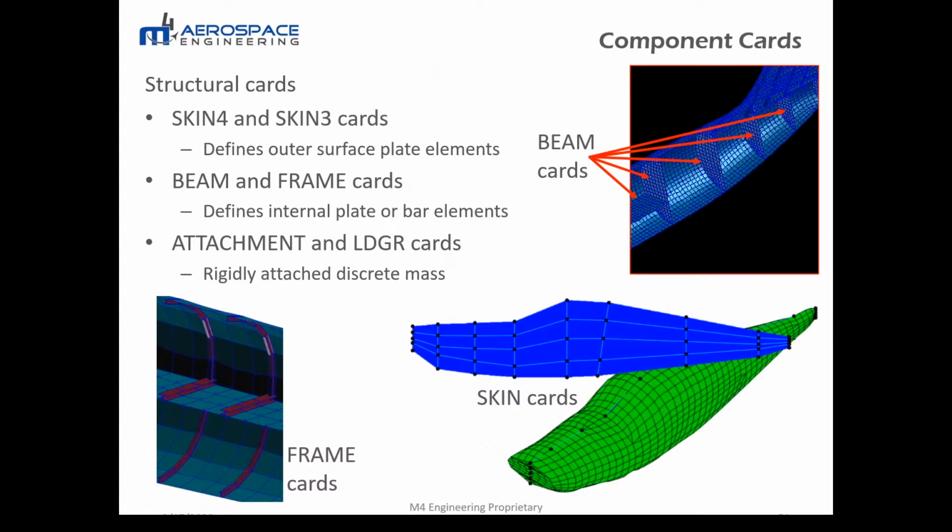Attachments can be used to rigidly attach non-structural discrete masses, such as stores or engines. The LDGR card, or the landing gear card, is a version of the attachment card that was designed specifically to model the extended landing gear of the vehicle. There are other structural cards, but these are just a few I wanted to highlight.